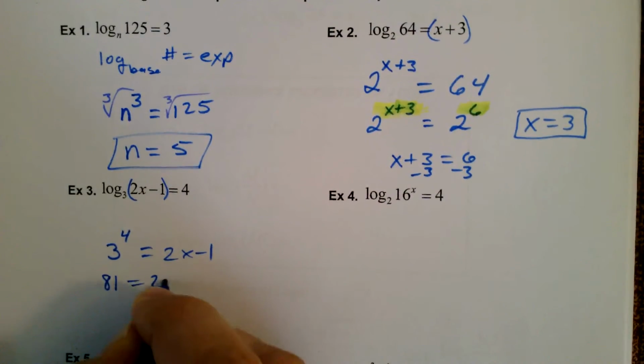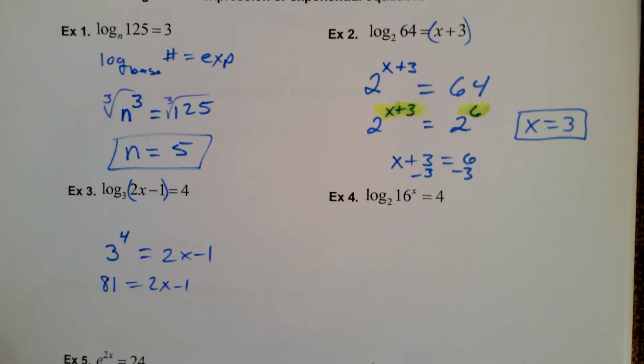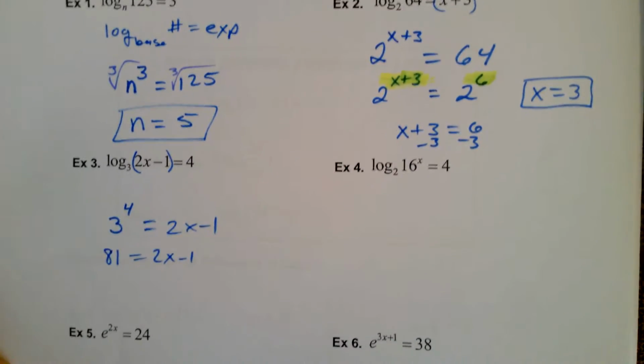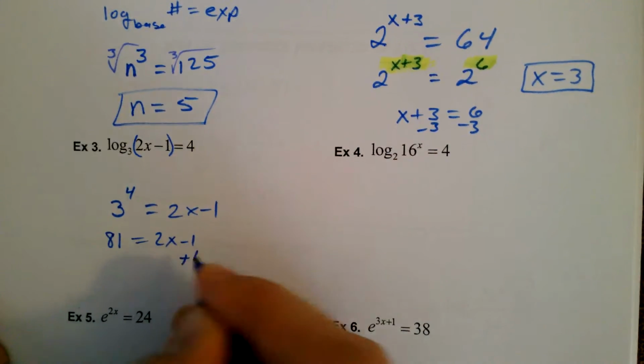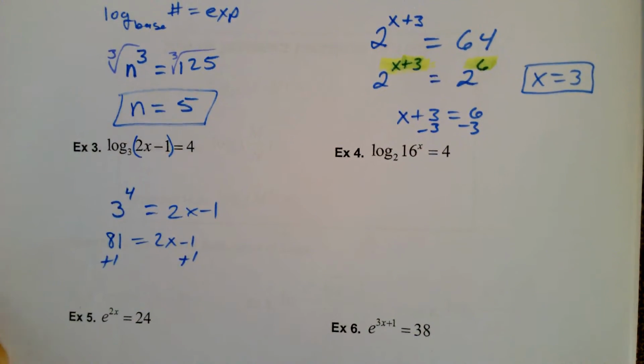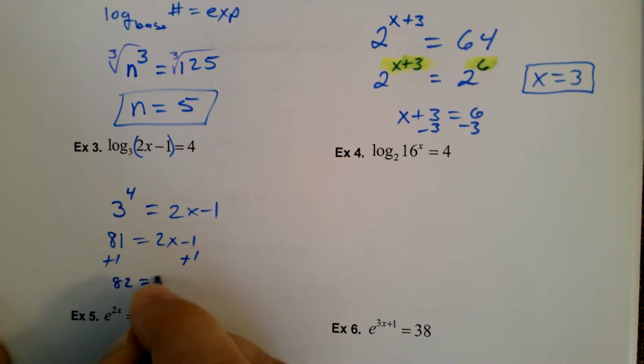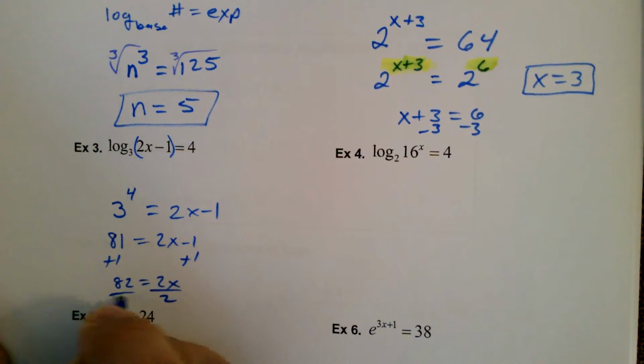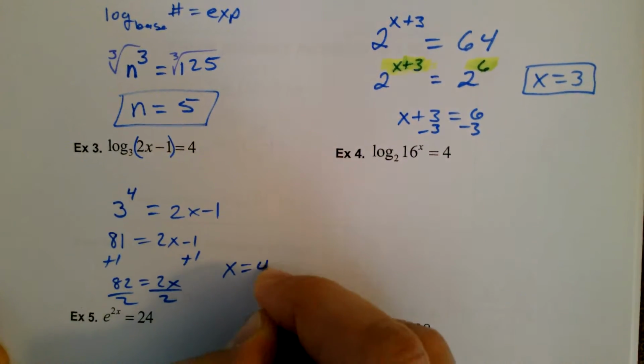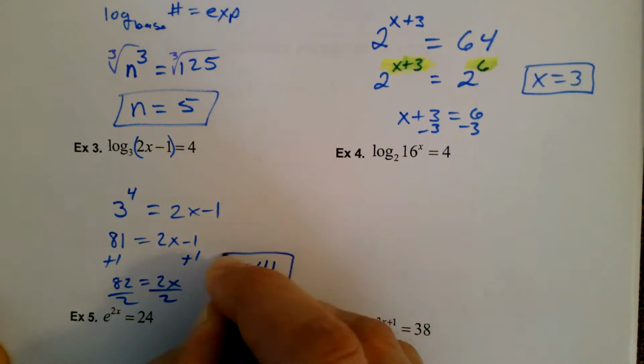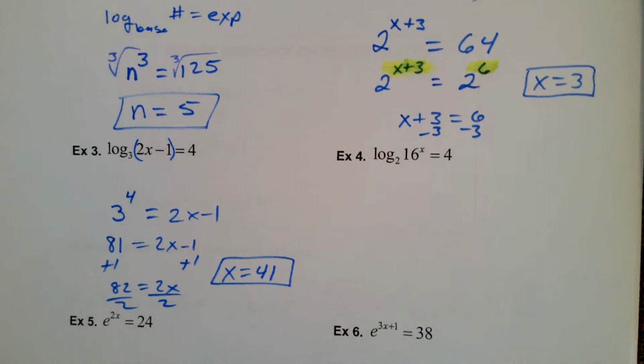Looks super scary, but if you just convert that, that's not so bad, right? And now it's just algebra. You guys know how to do linear algebra. You add the 1 over and divide, we get 82 equals 2x. I divide by 2, and I get what, 41? And there we go. Easy peasy lemon squeezy.